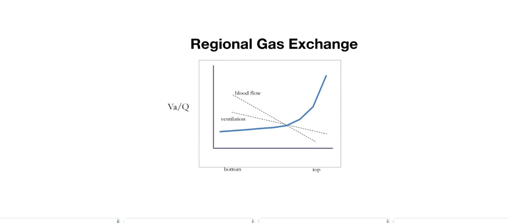At the top, you have more ventilation than you do perfusion. So the relative ratio is going to be a little bit higher, right? Higher numerator, denominator is a little bit lower, you're going to have a higher VQ ratio. The VQ mismatch is going to come into play when we start to have pathological conditions. But the actual ratio itself is going to change based on the region of the lungs.